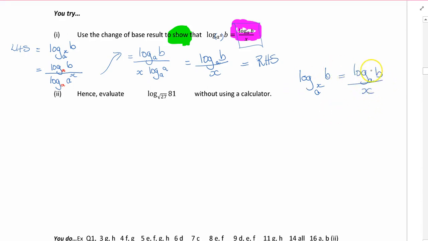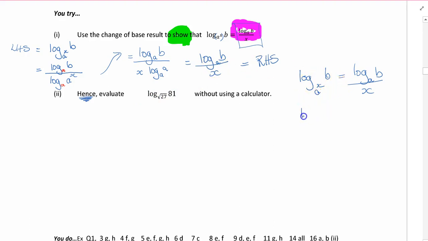And it's not something that we learn, it's not part of the rules. However, in this question, because it says hence, then to evaluate this, especially without using a calculator, we will use that rule.